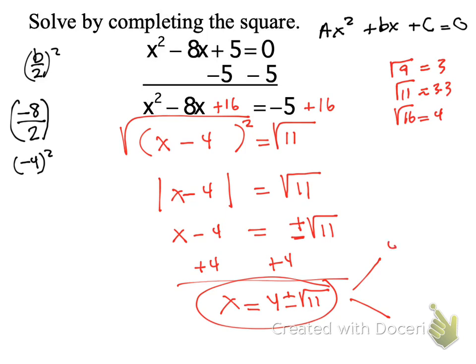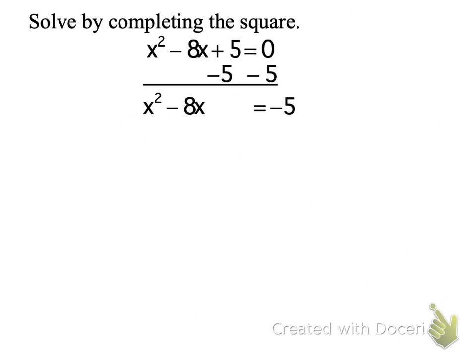So this would be 4 plus 3.3 and 4 minus 3.3. And so that is 7.3. Okay? Questions? See what my PowerPoint looks like. It's probably much cleaner.